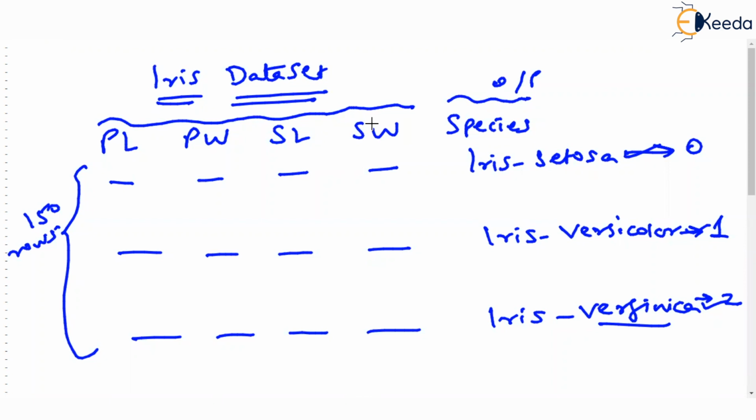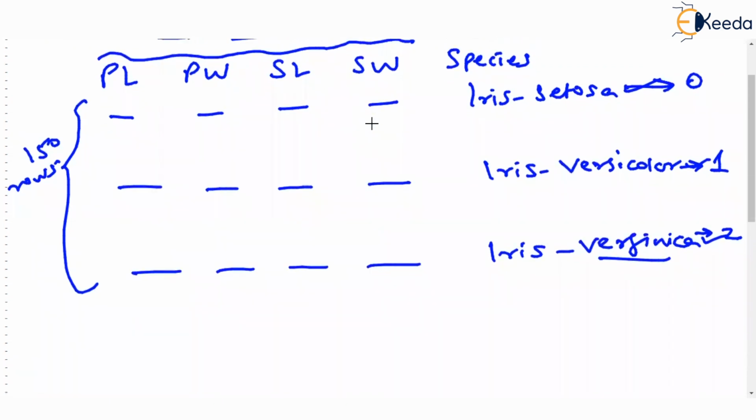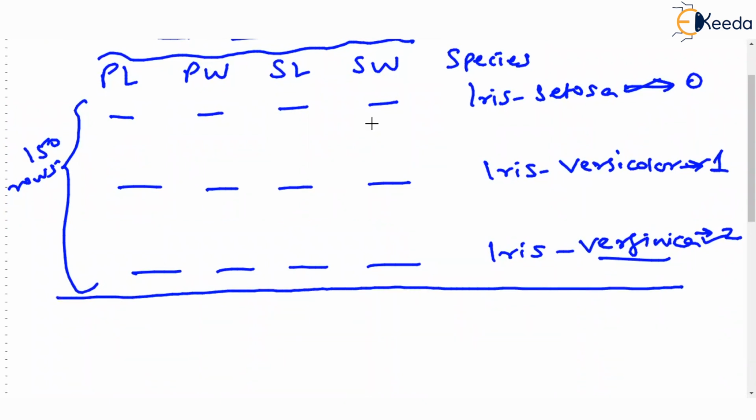Okay. Now, what if this authentic data, made by a botanist who is expert in understanding the species of the flower, is given, and then an unseen data is given? Some new values of petal length to sepal width are given, and we want to predict whether it belongs to class 0, 1 or 2. Which type of flower is it? Which class does this data belong to?